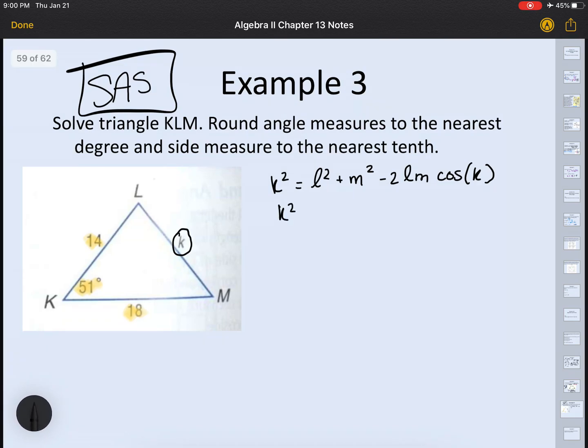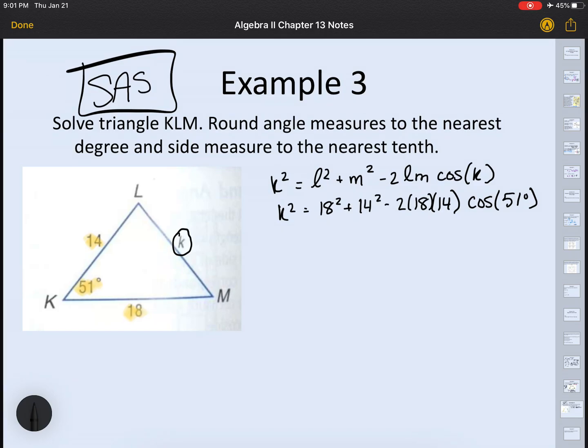So we don't know k yet, because they're trying to solve it all. Our little l, side length l, is 18, so 18 squared plus little m is 14 squared, so minus 2 times 18 times 14 times the cosine of angle K, which is 51 degrees.